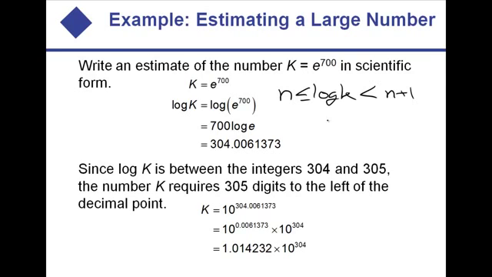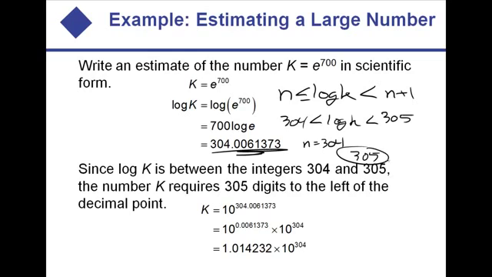So if log k is between 304 and 305, then that means n equals 304, which means the number of digits of k is 305, n plus 1.